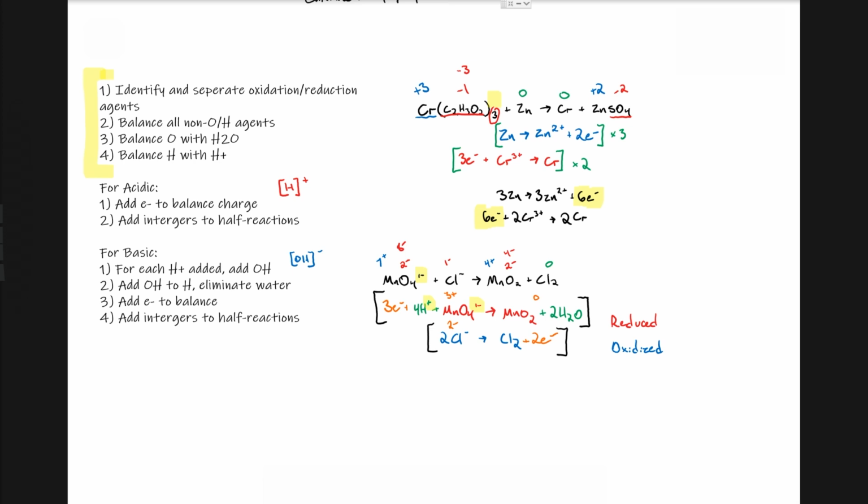Now for oxidation, you're always going to have your electrons on the right side of the reaction because oxidation is loss. So whatever is on the left side of that equation is losing electrons, and that means the electrons are going to be reflected on the right side of the equation. So let's check and see if we're balanced.